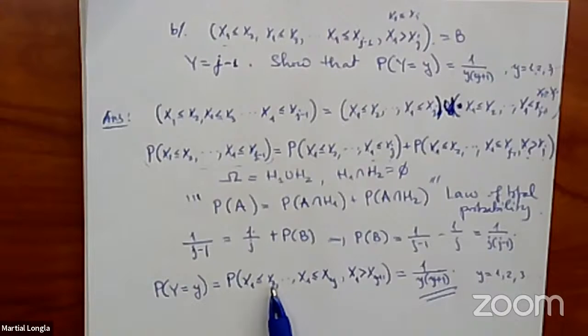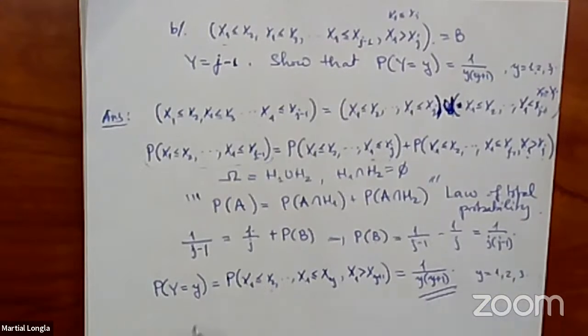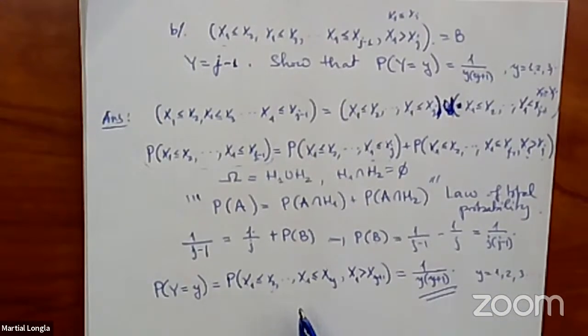So when you have x1 and x2, y is 1. That's why it starts at 1. When you have x1, x2, x3, y is 2, because you're not counting x1. So this is what the probability distribution function is equal to, and then 0 elsewhere, because no other value is possible.